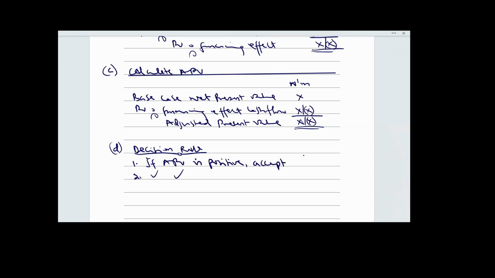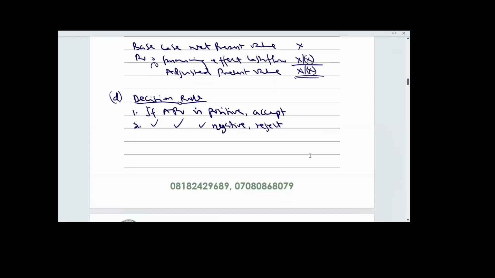If APV is negative, you reject. So where you have 0 NPV, you can either accept or reject depending on other qualitative factors.